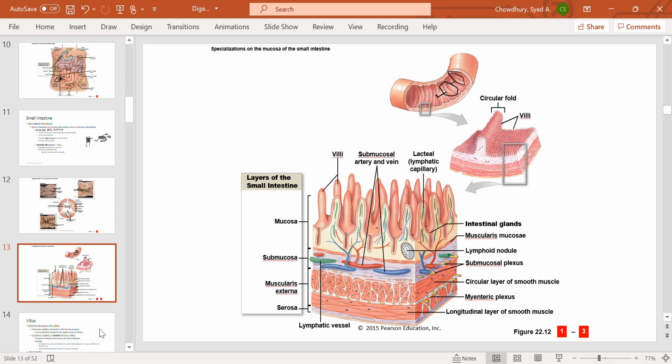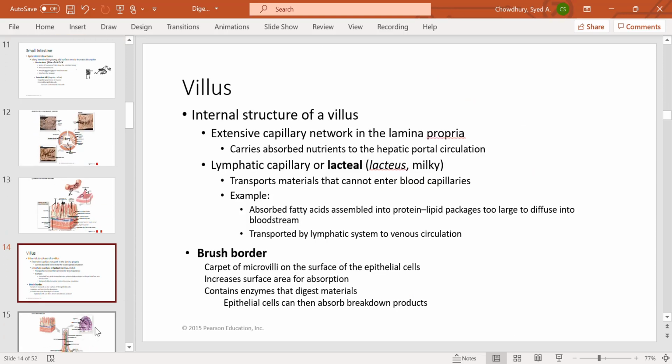Okay, and now if you just take a small piece from here and see under a powerful microscope, you will see the villi, finger-like structures. And if you see again under a more powerful microscope, just take this little portion from here and see, you will see this is a villus and many microvilli, right? So that's how the inner surface of the small intestine is. Okay, that's the brush border.